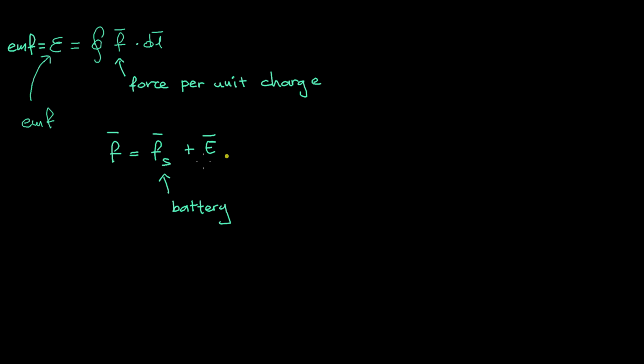Now, let's say this is equation 1. If I use 1 and 2, I get that the EMF is the closed path integral of this sum dot dl.